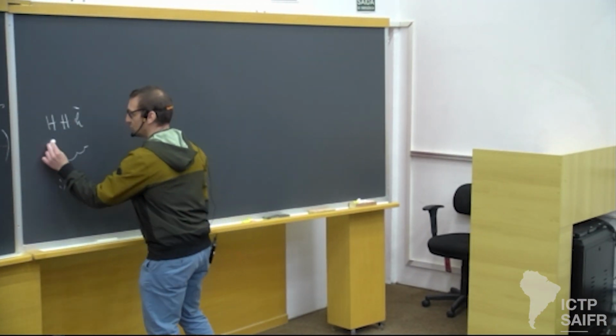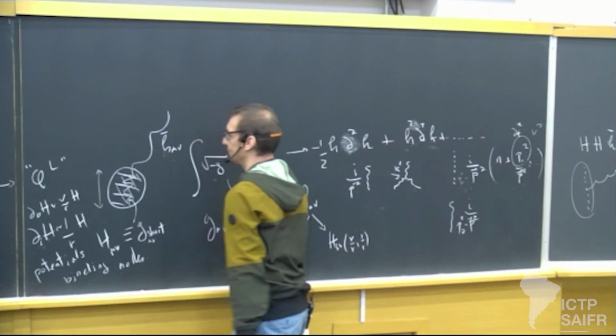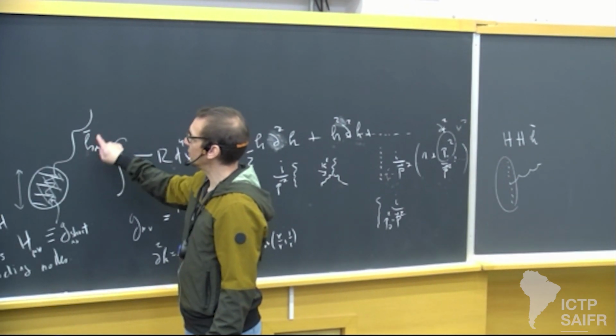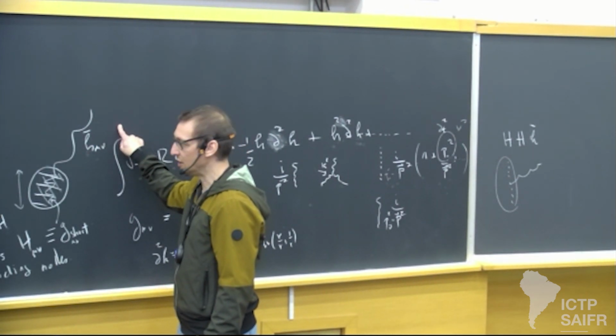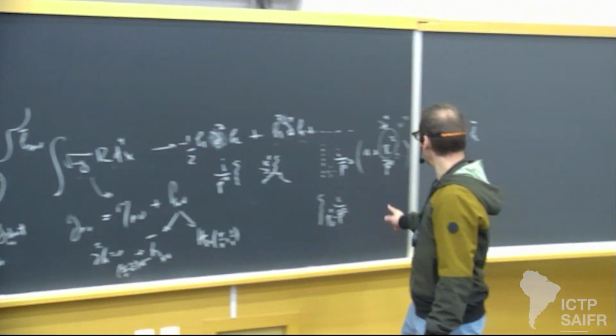And these are all short, so they're all living here. So that means that when I couple to this H mu nu, at linear order in the radiation, this T will not only be matter, it will also be these guys.